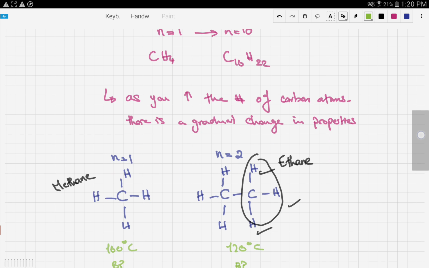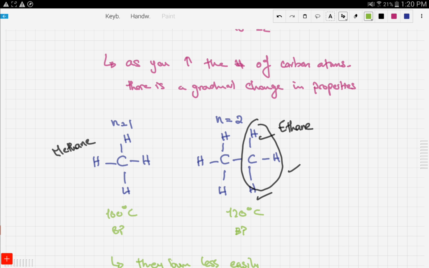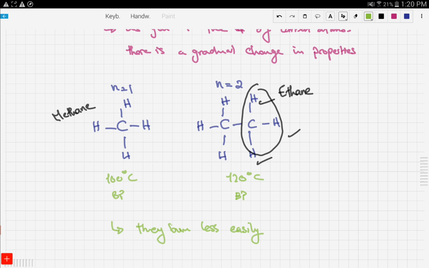And we explained this using methane and ethane, and we said as you move from methane to ethane, you're adding 1 extra carbon, and therefore you're increasing the number of hydrogens and so on, and you're also expanding the structure. So that means there will be a rise in boiling point, and another physical property would change, which is that they would burn less easily.